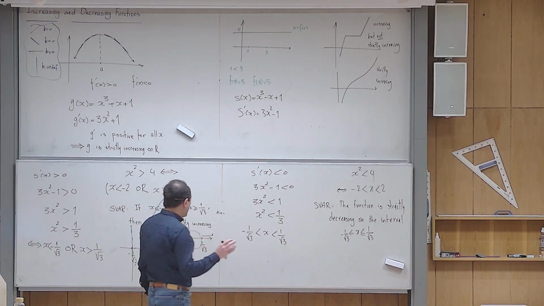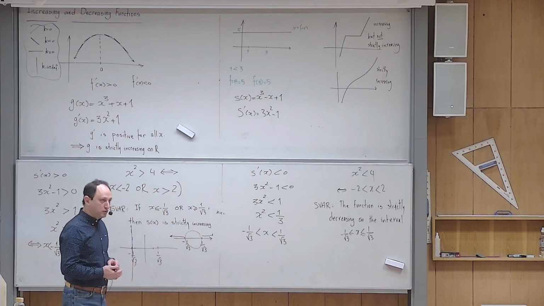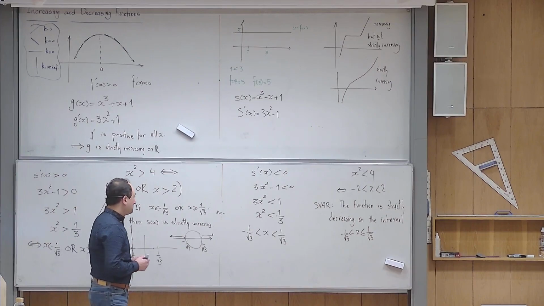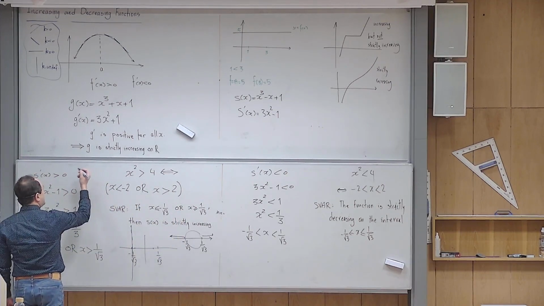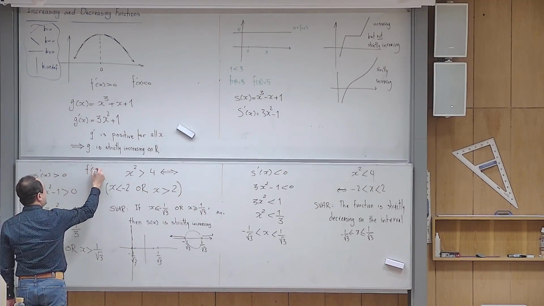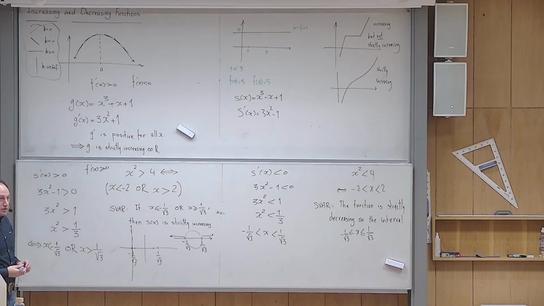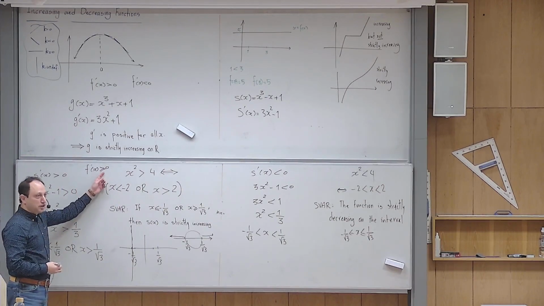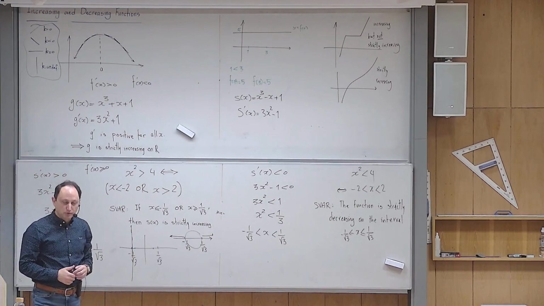I understand your concern, but you don't need to be worried at the level of your course about those things, yes? Because in principle, I can say the function is still strictly increasing if the derivative is greater than or equal to 0, but the number of times that the derivative becomes 0 should be finitely many. So you shouldn't be worried about those.